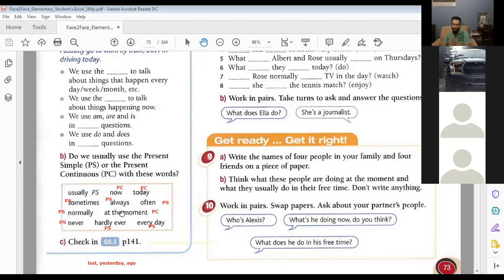Okay. Let's check. Let's go to page 141, 143. What's this? It's 75, 73.